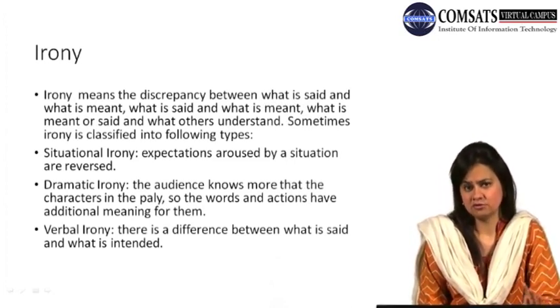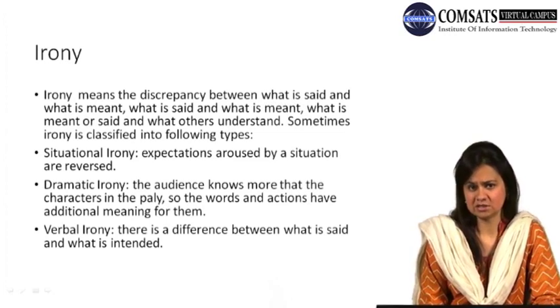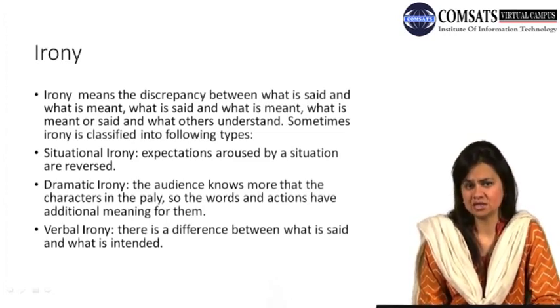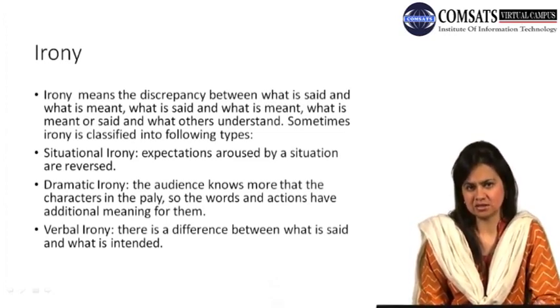So these are the examples of verbal irony where what is intended is denied later, or what is meant is something else that is behind the scene or behind the words or the lines.